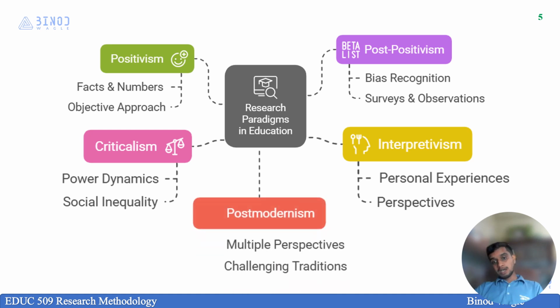And the last one of this paradigm is postmodernism in research, which challenges traditional ideas. Postmodernism challenges traditional ideas and considers multiple perspectives also. For example, how different students perceive technology in class can be considered as one of the examples of the postmodernism paradigm.